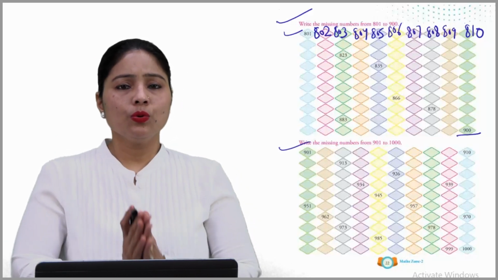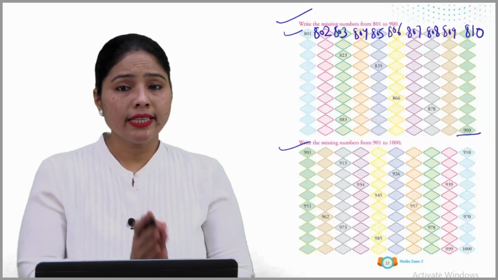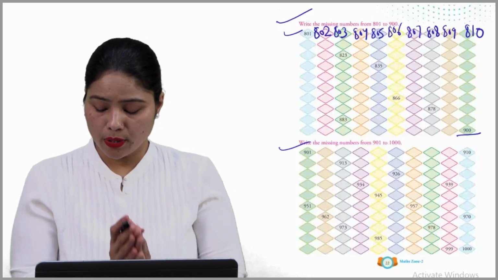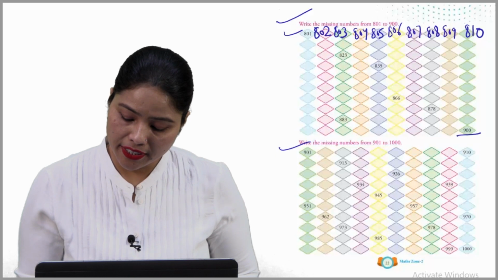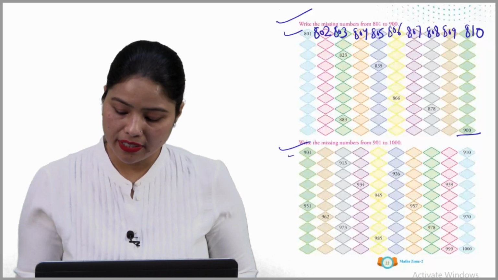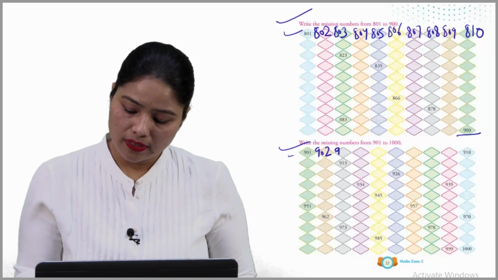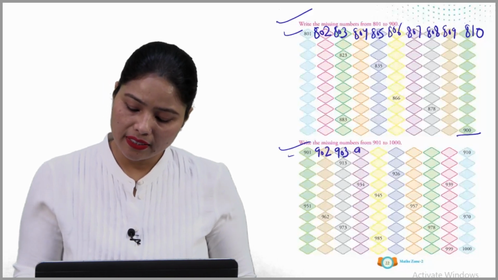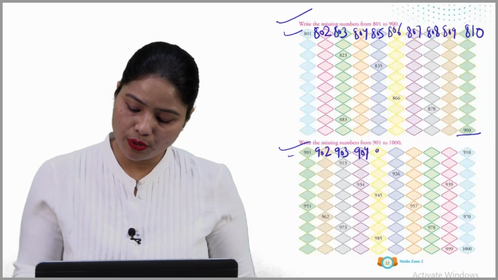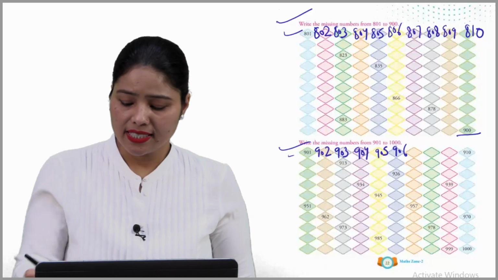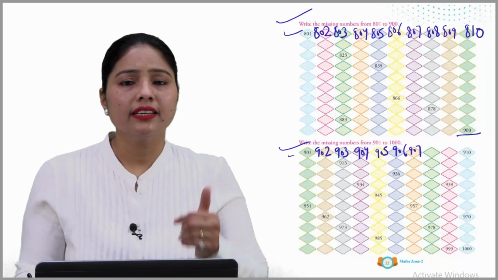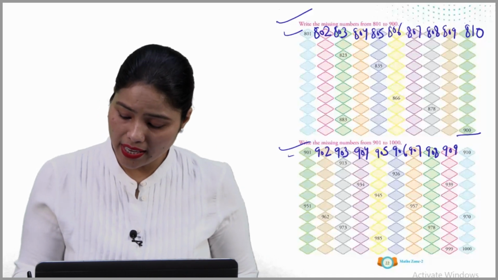Okay. So now write the missing numbers from 901 to 1000. Okay. So start with 901. So after 901, 902, then 903, 904, 905, then 906, then 907, then 908, and this is 909.